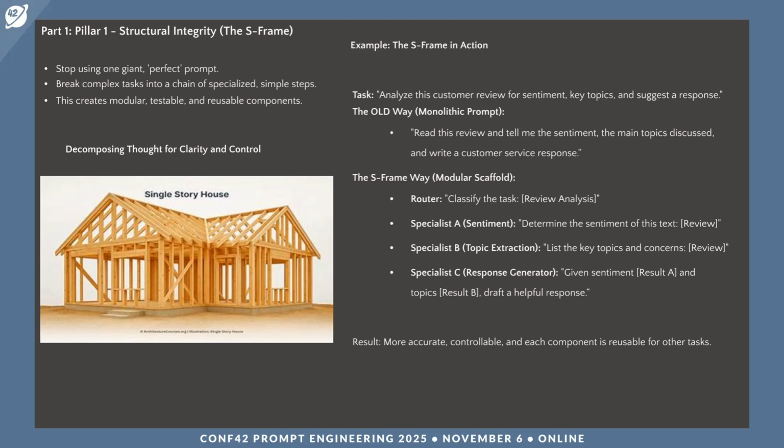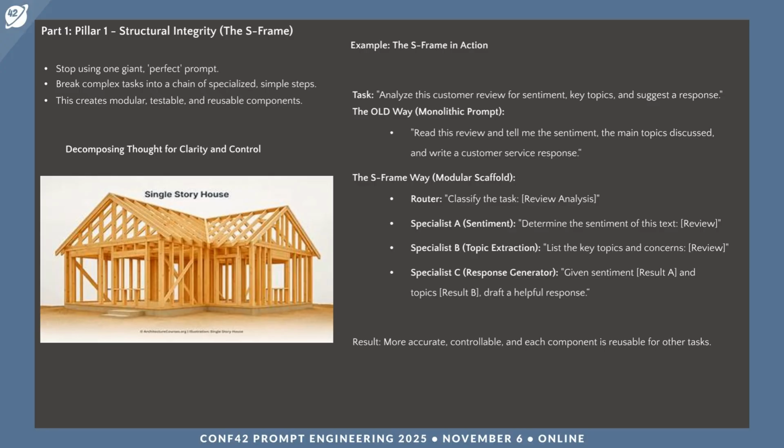Then we will have an evaluation model, which we'll talk about in detail as part of our constitution, which will evaluate the output coming out of each specialist. But for now, let's think that specialist A will just determine the sentiment out of the text. Then we have specialist B, in a chained workflow, which lists the key topics and the concerns coming out of that particular review.